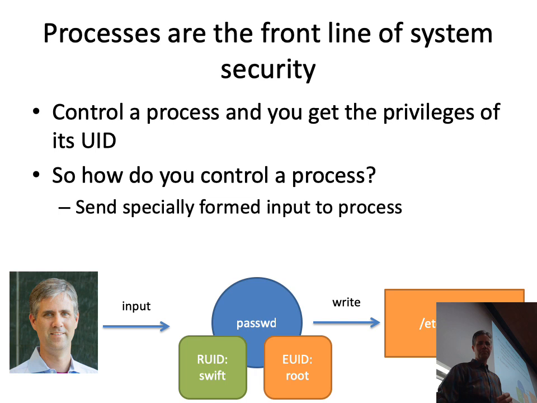We have a program which is supposed to enforce the rules that we want around this file. So for the password file, we want to make sure that you can't just dump out the contents of the shadow password file. We want to make sure that you can only modify your entry in the password file. When you change your password, you can't modify anybody else's. So we are trusting the code in the password program that you use to change your password to do this correctly.